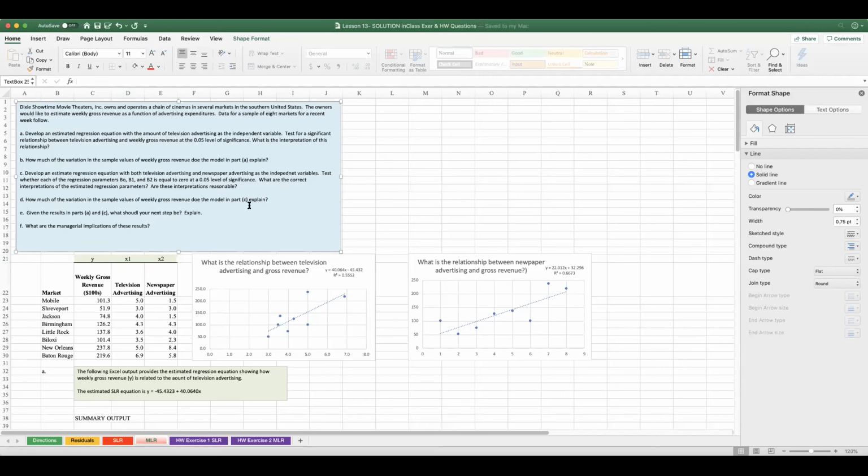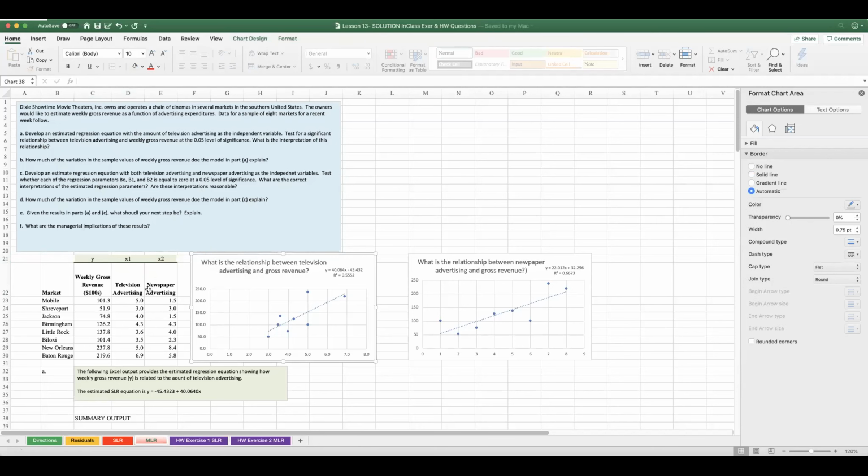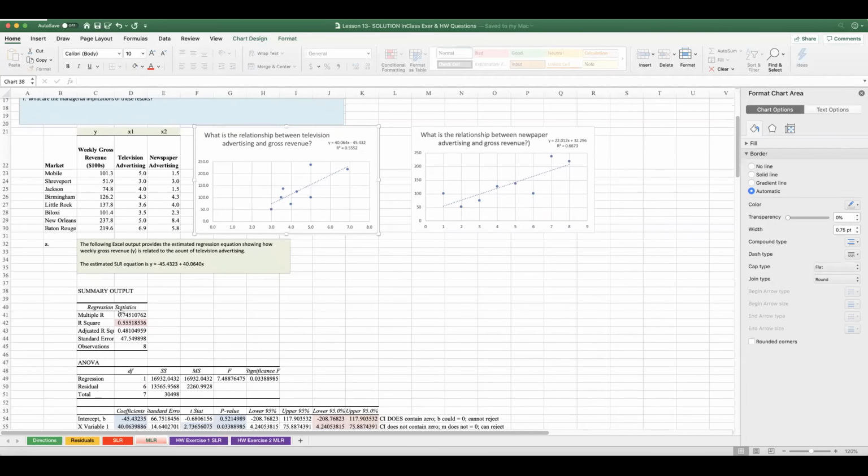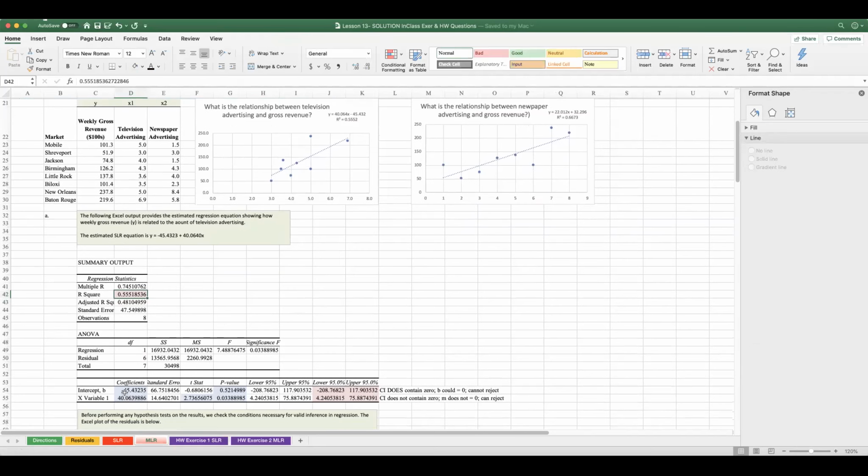Okay, so I've done a scatter graph of that. This one is just showing you television advertising and weekly gross revenue here. And I dropped the equation and the R squared on just like we did before. And I also ran for that one this regression statistic. So same R squared as you got up here, same coefficients you got here.